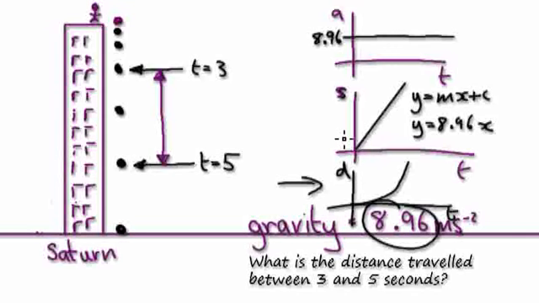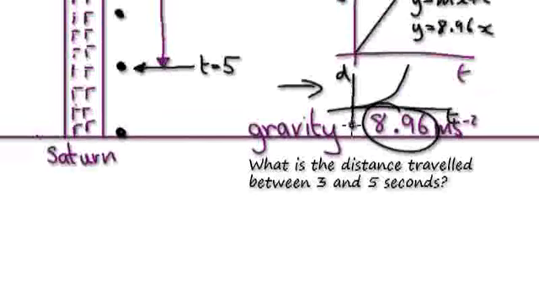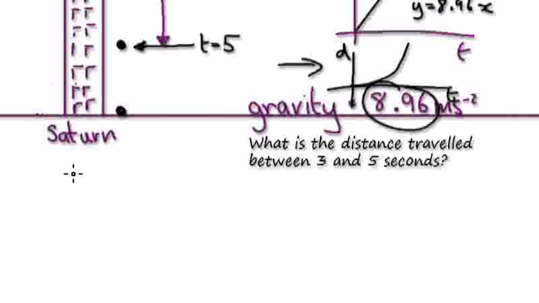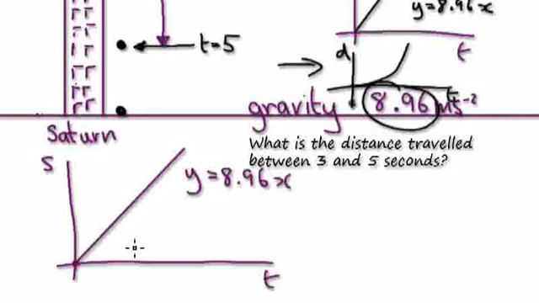I'm going to magnify the speed time graph. Let me just draw the speed time graph. So this is the speed time graph, and the equation for this is y equals 8.96x.